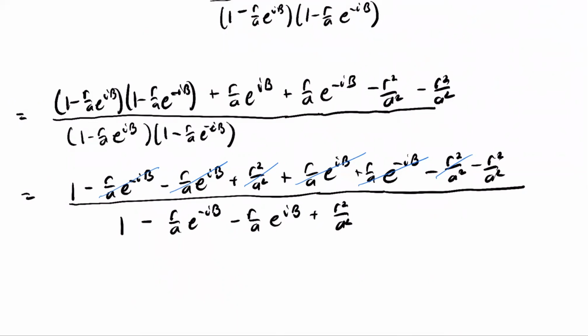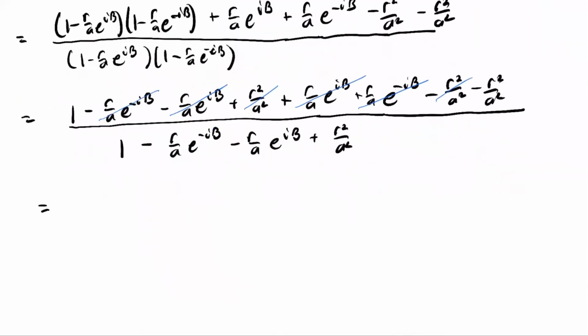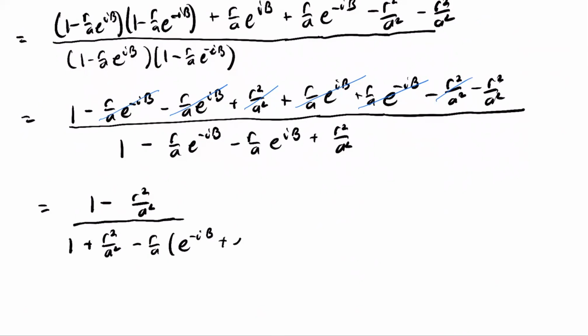And so this is what I'm left with. And so finally, I end up with 1 minus r squared over a squared divided by 1 plus r squared over a squared minus r over a times e to the minus ib plus e to the ib.